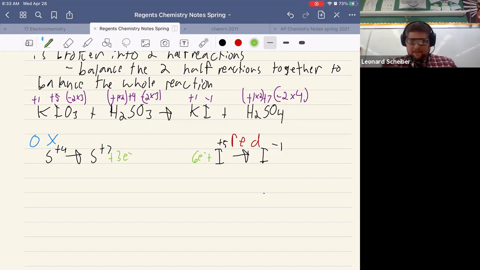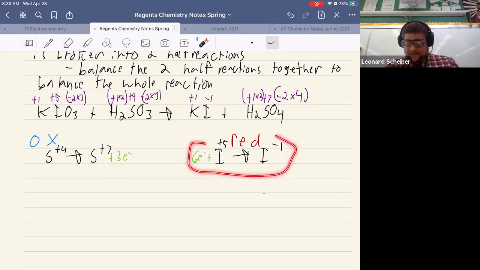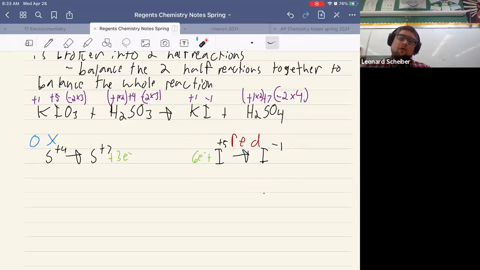Now, what's happening, according to what we have seen, is that the oxidation half is giving out 3 electrons, but the reduction half is taking in 6 electrons. That's not good. Because, as we said before, every time 1 mole of electrons leaves, 1 mole of electrons has to enter.